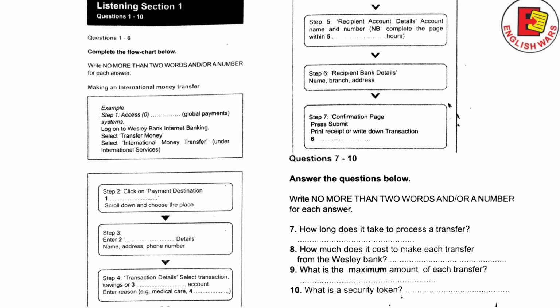Once you've done that, select International Money Transfer. I don't see... It's the first option under the heading of International Services. Right, I found it. Now click on Payment Destination Country and scroll down to the location you wish to send money to. It's all in alphabetical order. Oh yes, Zimbabwe. I've got it, right at the bottom.